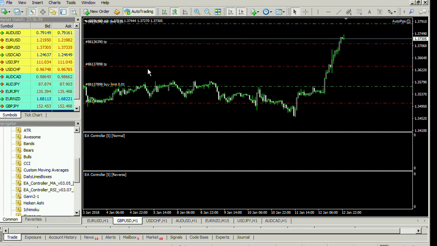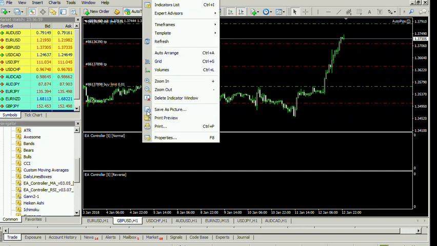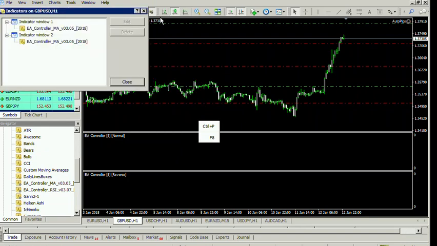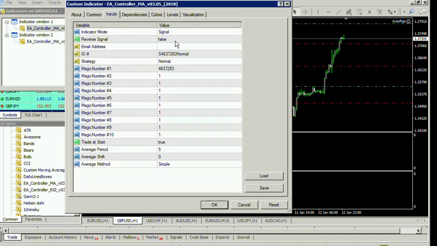And so now we're back on the platform, the IC Markets demo platform. What I've done is loaded 2 copies of the controller onto the chart. This is the first one, and if I right click the indicator list, we'll bring that up. So we've selected the signal mode. This is for the normal, so we're not reversing the signal, that's false. I'll have to add my email address.